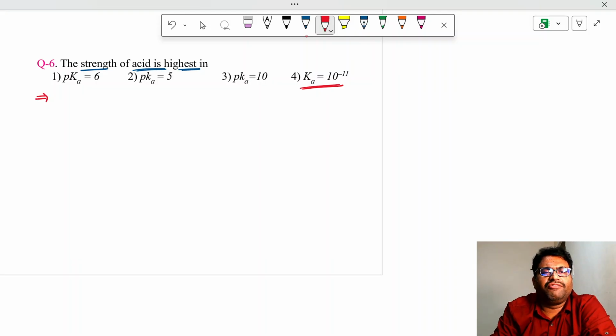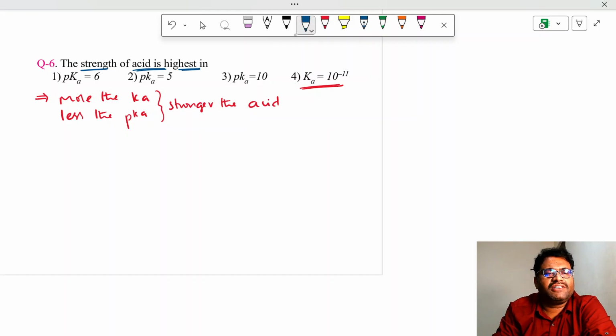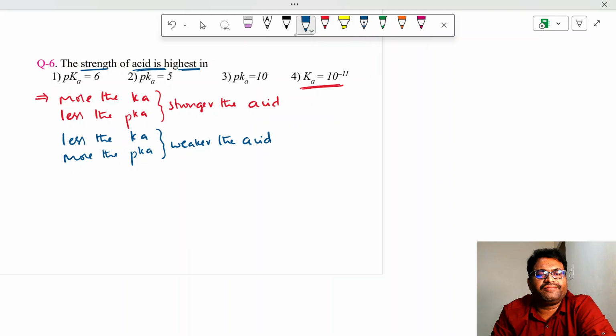We know that more the Ka, less the pKa, stronger the acid. Stronger the acid. The other one is less the Ka, more the pKa, weaker the acid. Weaker the acid, relatively.